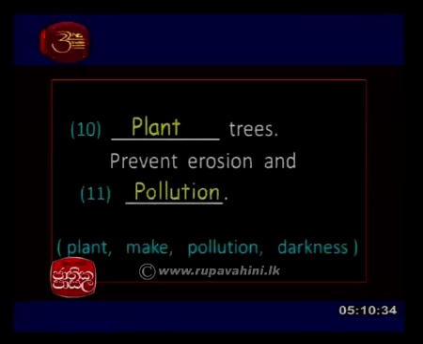And what is erosion, children? When something is washed away, right? Soil erosion is there. Prevent erosion, and then with erosion what is the other thing? Why do we plant trees?